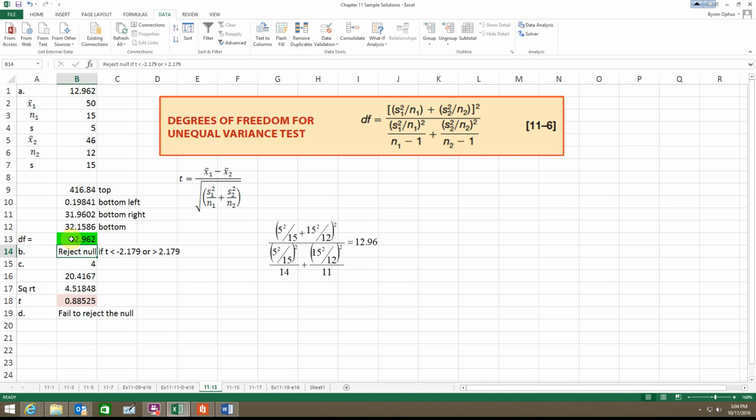I have a feeling we're going to round up. I think we always round up if I'm not mistaken here. We'll take a look. My significance that I'm looking for is, oh, does it tell me what my significance is? Oh, it says use the 0.05 significance level at the top.